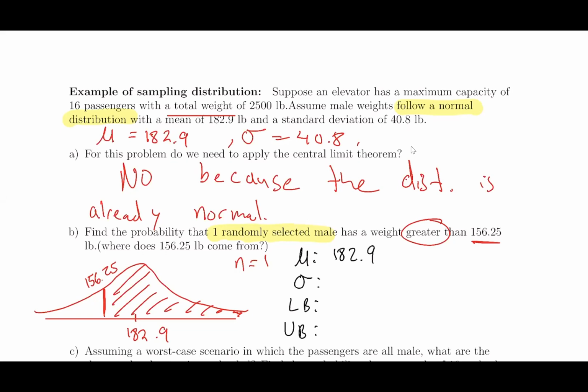All right, what should I put for sigma? So what's my sigma? Yeah, 40.8. For this one, since we're doing a sample size of 1, my sigma is my sigma. It doesn't change.